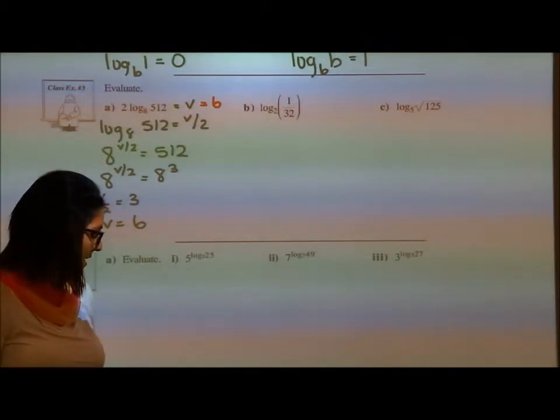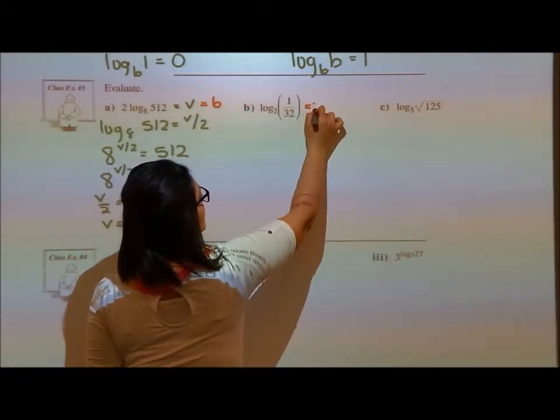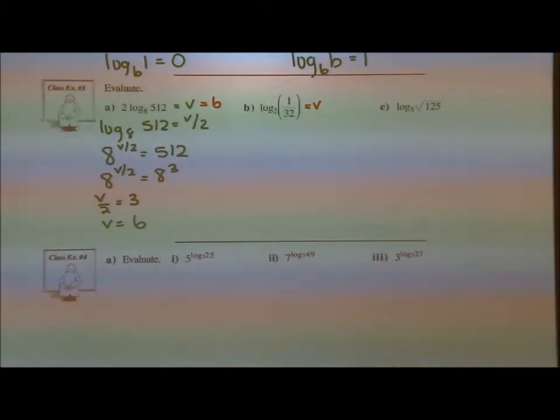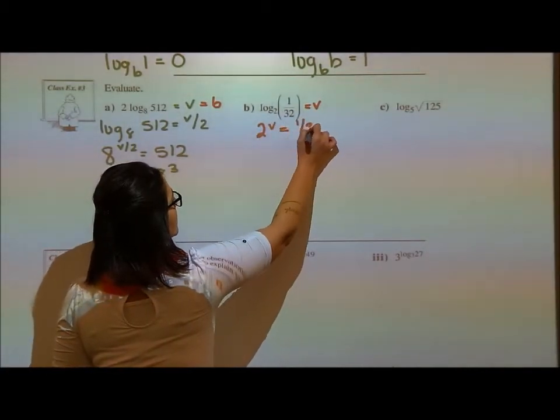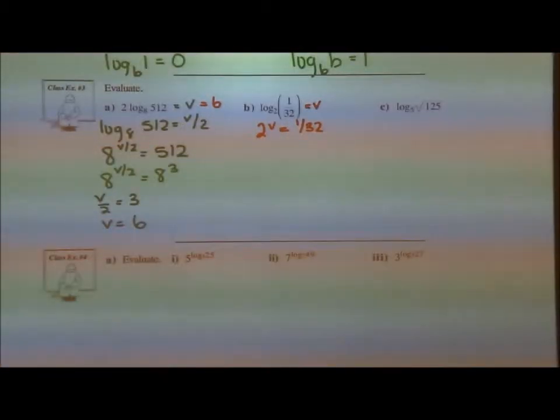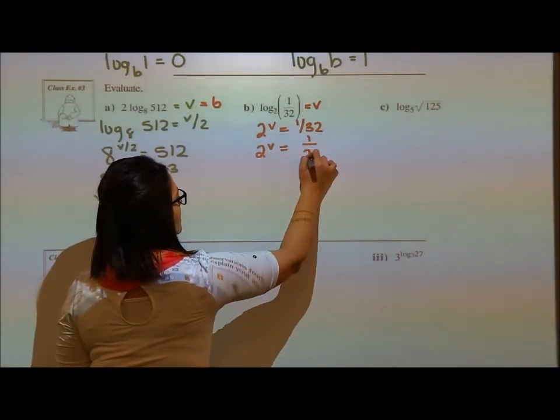So similar process for the next one. As an exponent, I would have 2 to the power of v equals 1 over 32. So let's just look at the 32 right now. Don't worry about the 1 over. If I write 32 as a base of 2, it would be 2 to the power of what? 2 to the power of 5.